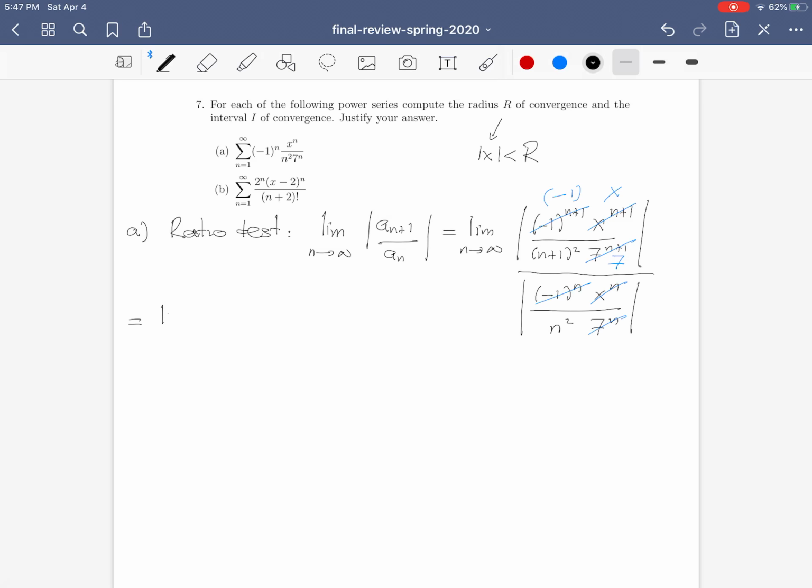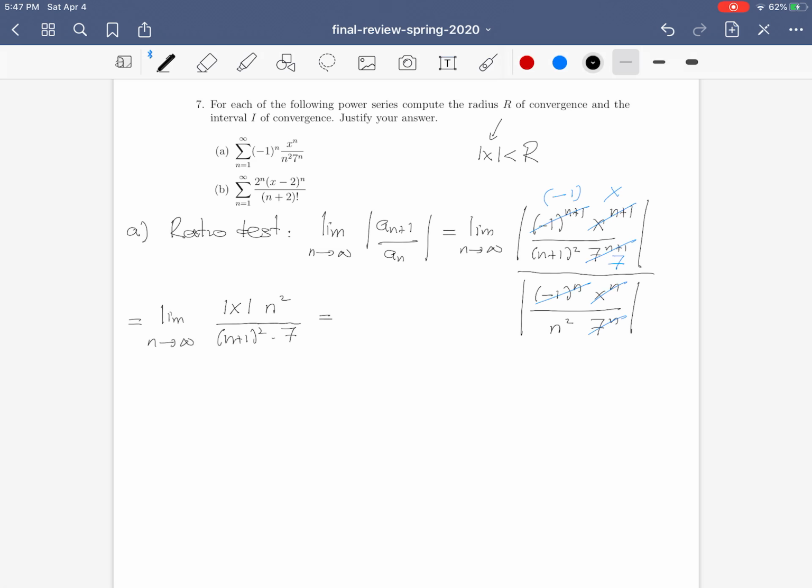And so what we're left with is the limit as n tends to infinity of, first of all, our -1, we're going to take the absolute value, so we don't need to worry about that. So we get the absolute value of x divided by (n+1)^2 times 7, and then the n^2 that's sitting down here comes up in our numerator.